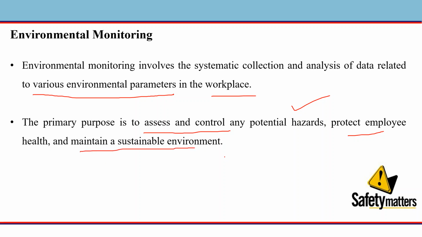So we want the negative impact of the engineering activities, or in general the activities being held at the workplace, to have a minimum negative impact on the environment. And this is done for a sustainable environment, right?